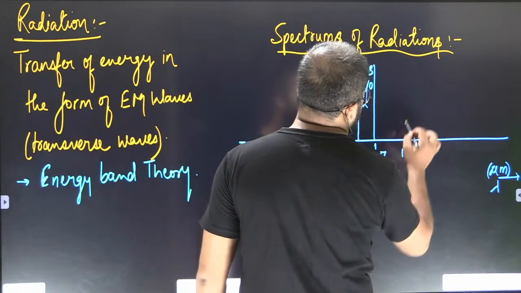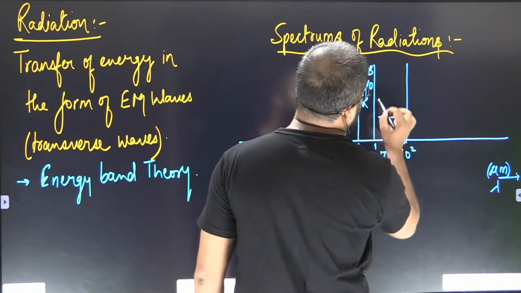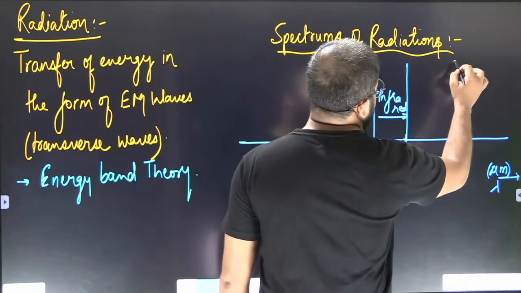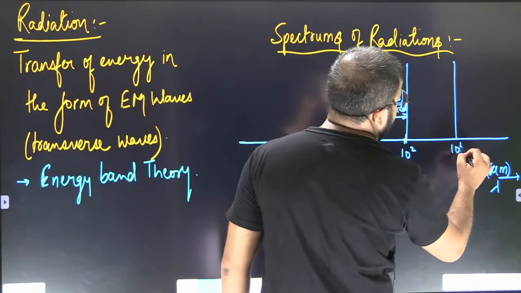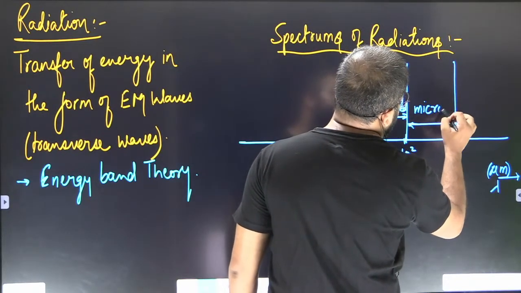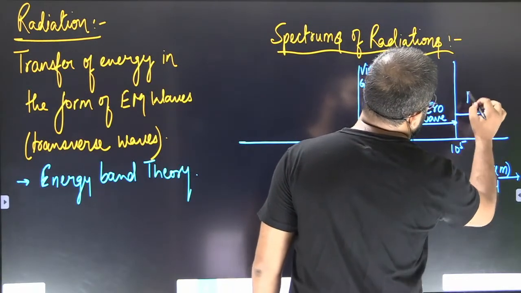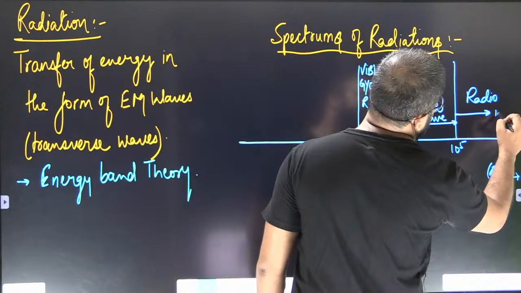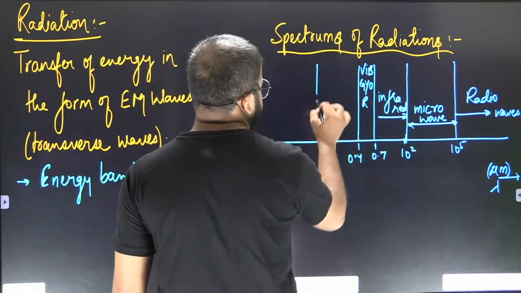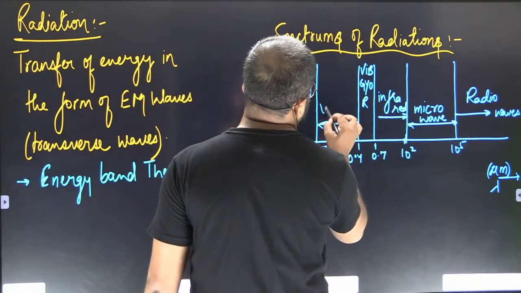Up to 10 to the power 2, you have infrared. Then up to 10 to the power 4 or 10 to the power 5 to be exact, you have microwave radiation. This is the domain for radio waves. Till 10 to the power minus 2, you have ultraviolet.